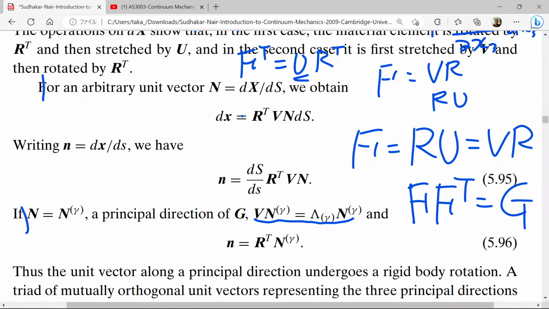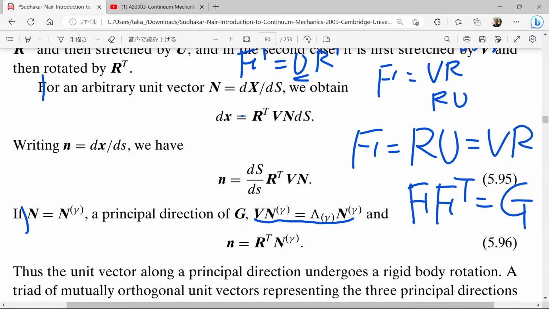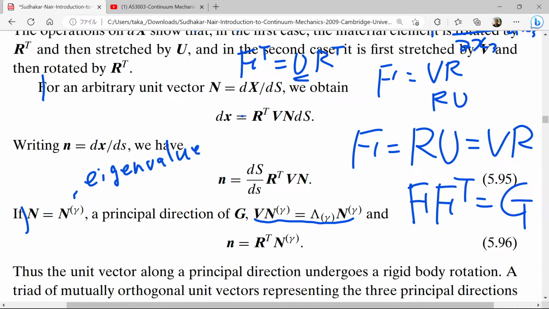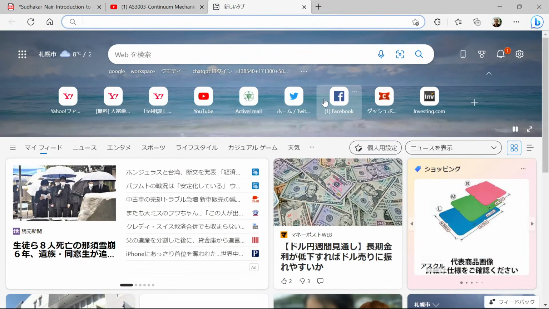Okay, then if n equal eigenvalue of G. Okay, if this is eigenvalue of G, we will get this. So I have some note for this.